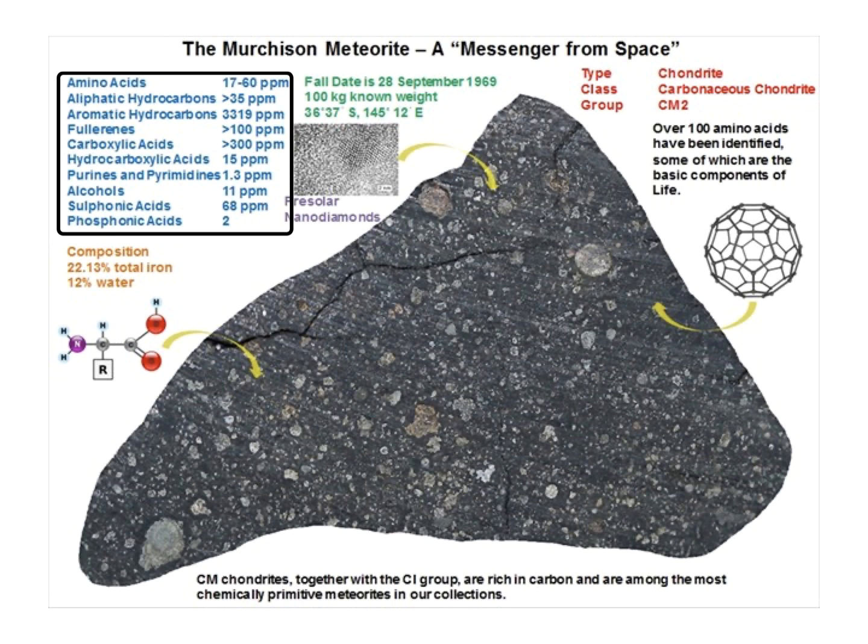Also, they found aliphatic hydrocarbons, fullerenes, carboxylic acids, and other things, including purines and pyrimidines, which are in DNA and RNA, and a couple of other constituents that you might presume would lead to life, or were at least indicators of living things.